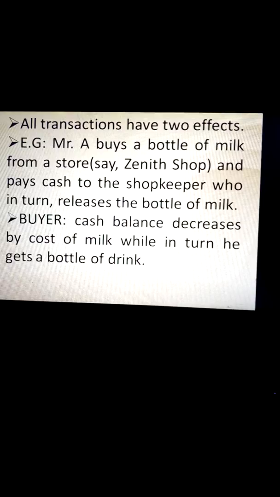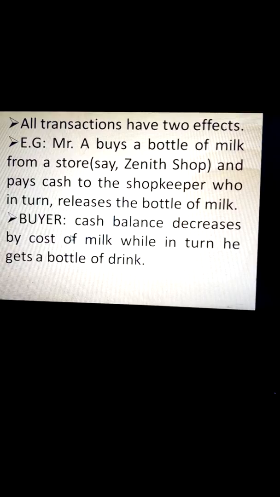For example, if Mr. A buys a bottle of milk from a store, say Zenith Shop, I would like you to take note of Zenith Shop because we are going to be using that name often in our lectures. So if Mr. A buys a bottle of milk from Zenith Shop and pays cash to the shopkeeper, who in turn releases the bottle of milk.